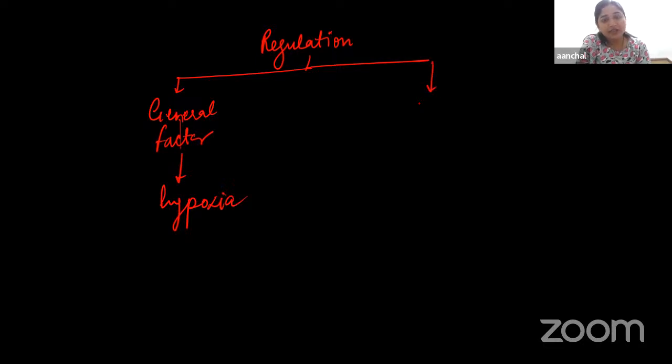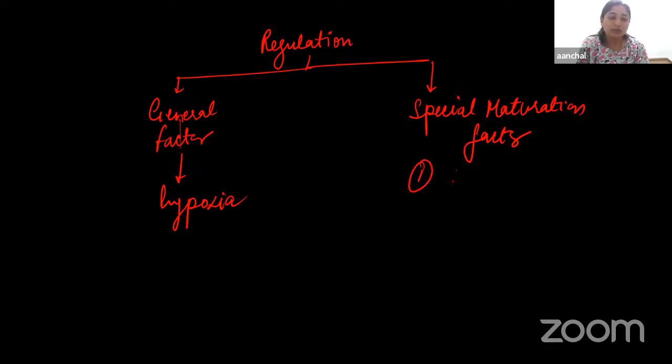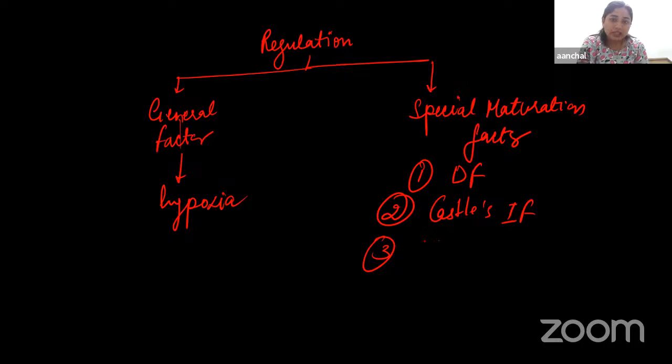The other is the special maturation factor. In the special maturation factor, we're going to learn about dietary factors, Castle's intrinsic factor, and extrinsic factor. All these factors we're going to discuss one by one. Okay, so first we have hypoxia.